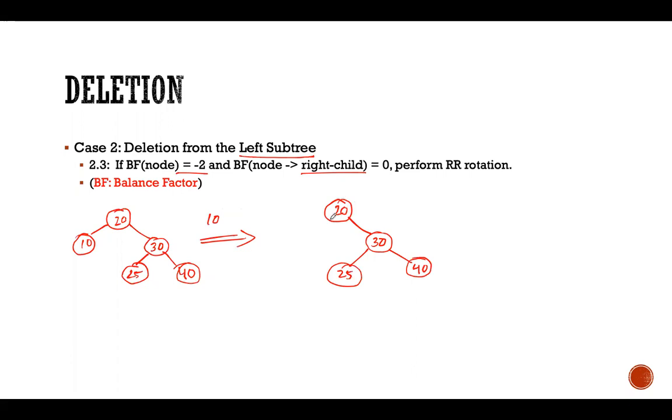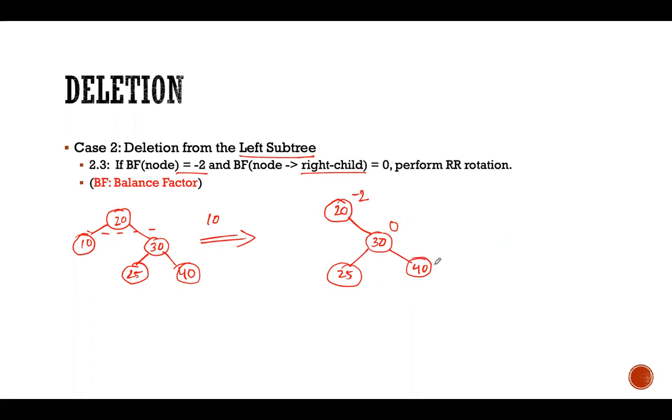So what happens here? We're going to calculate the balance factor for every node, and we're going to see that for node 20, the balance factor becomes -2. Now we're going to check the balance factor for the right child, and it is 0. If the balance factor is 0, means for this node both sides have the same height.